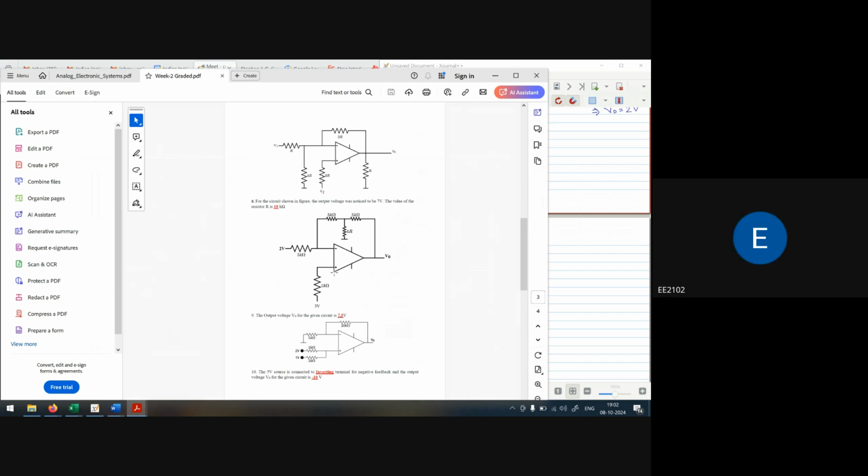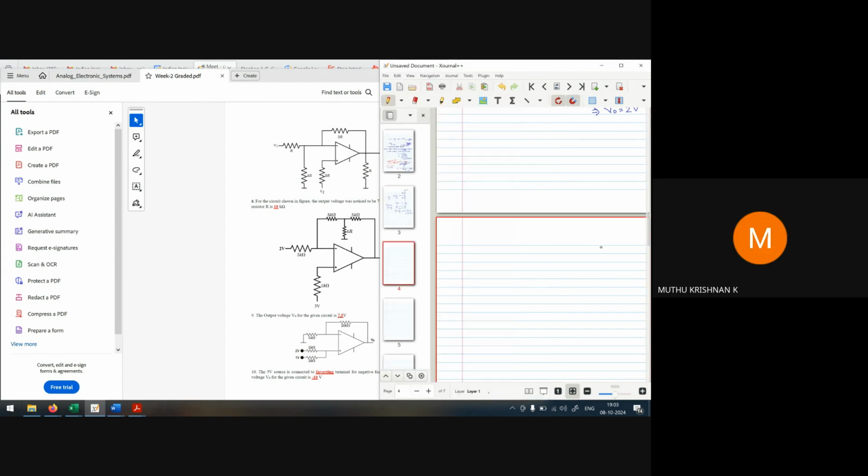2 volt, 3 volts. What is RF? No, sir, I did it manually, I found the voltages at each node. Can we calculate the value of RF? Yes, sure, sir.